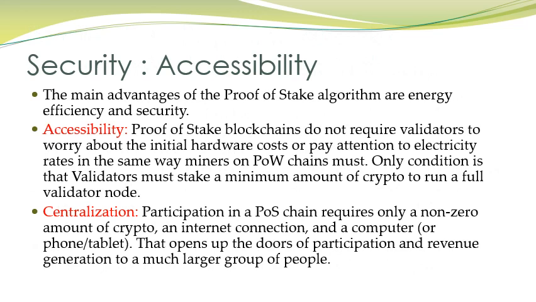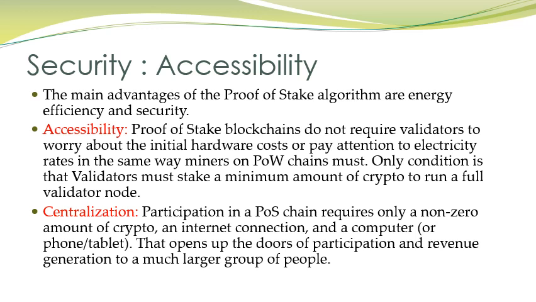So what are the main advantages of this proof of stake algorithm? Proof of stake algorithms are energy efficient and highly secure. There is no need of high performance computers, so it will not consume much energy. First, there are different security advantages. The first is accessibility.